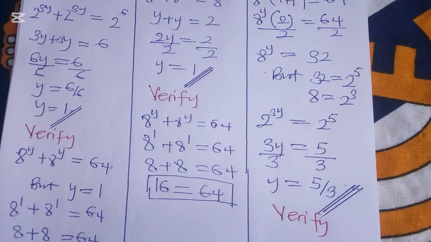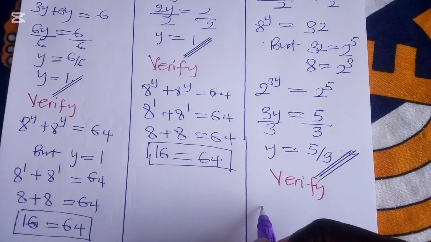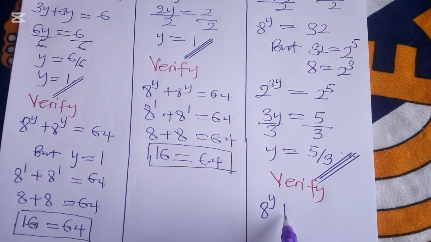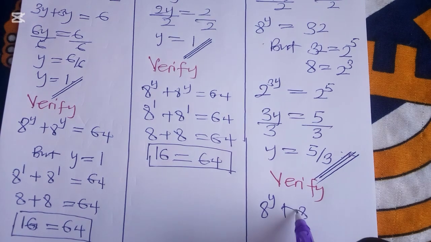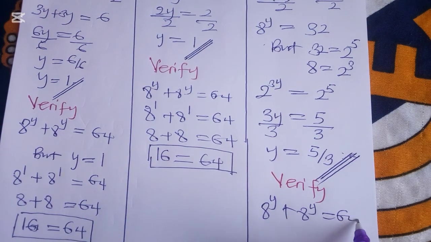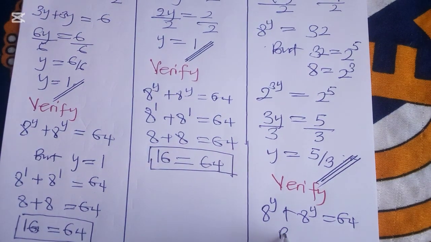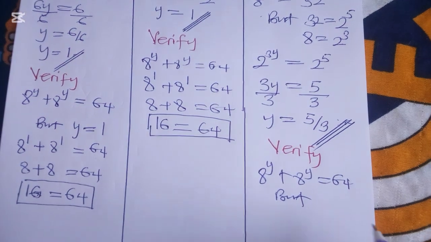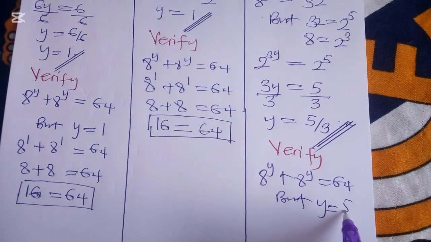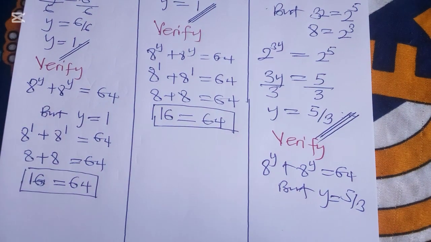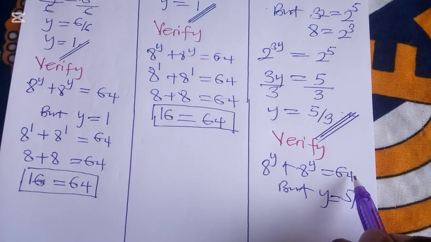Now to verify this one, since we are given 8 raised to the power y plus 8 raised to the power y is equal to 64, and we have y already as 5 upon 3, let's substitute and see if we are going to have the same answer, 64.